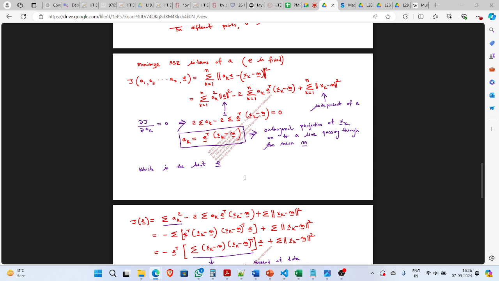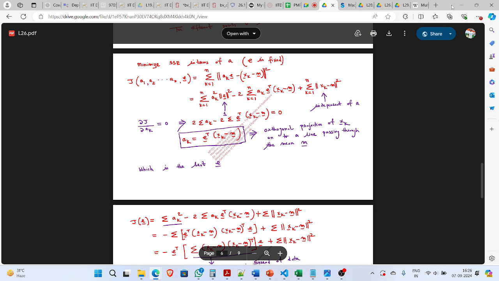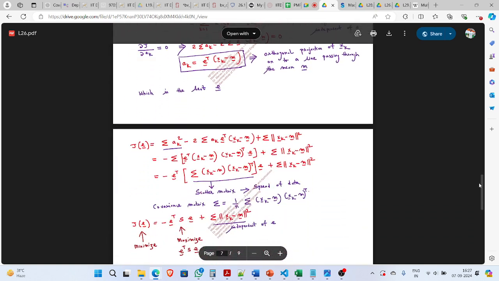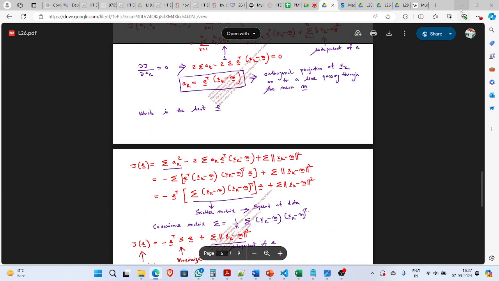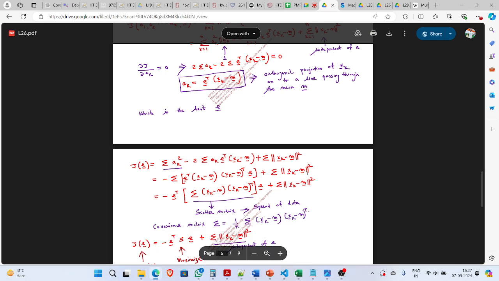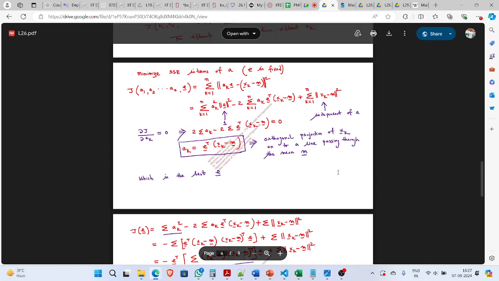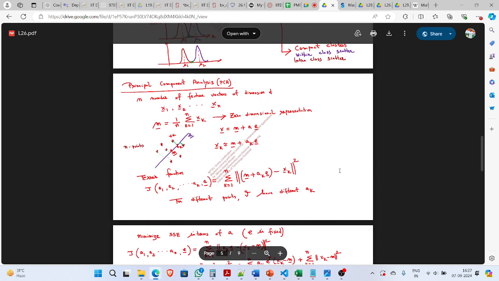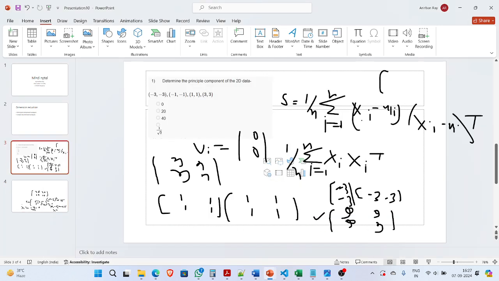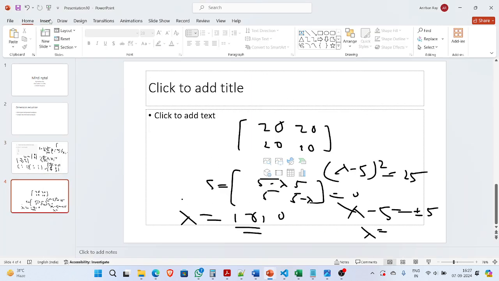It is E transpose xk, as you can see. From lambda we get which dimension is important. The first one is more important, as you can see, lambda is 10, and we will calculate that. We need the eigenvector.